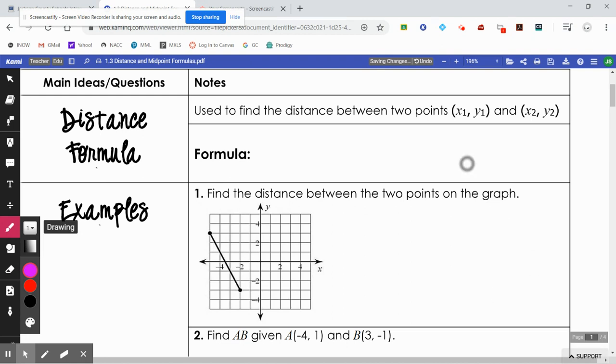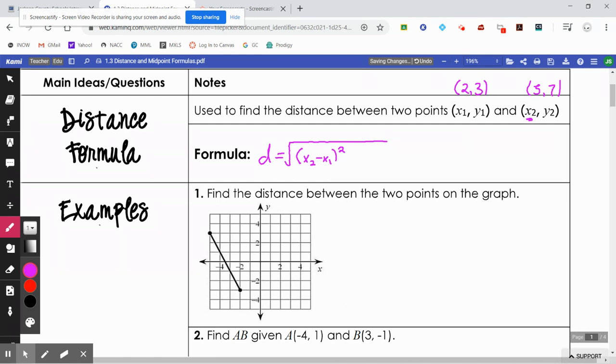The actual points might be something like (2, 3) and (5, 7), to where you have your first x and your first y, and your second x and your second y. The actual formula for distance is equal to the square root, in parentheses, of (x2 minus x1) squared, and we see what the x2 and x1 are.